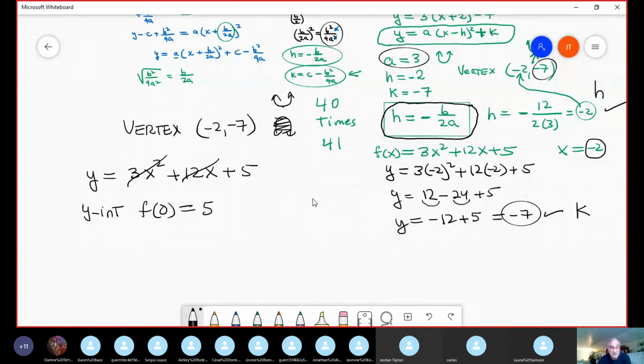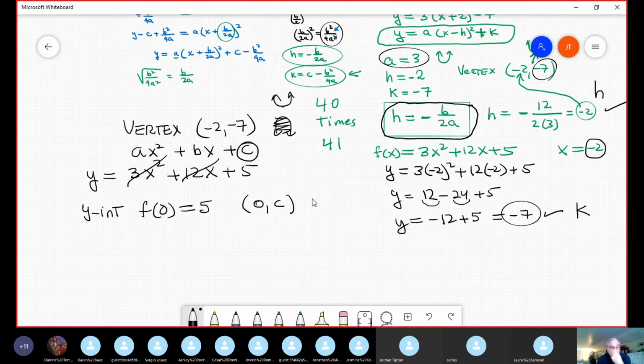So in general, guys, the y-intercept is always (0, c). The c in ax squared plus bx plus c represents the y-intercept, always. This is super easy to see in the standard form and very complicated to see in vertex form. Otherwise, in the vertex form, it's super easy to see the vertex point, and it's hard to see the y-intercept.